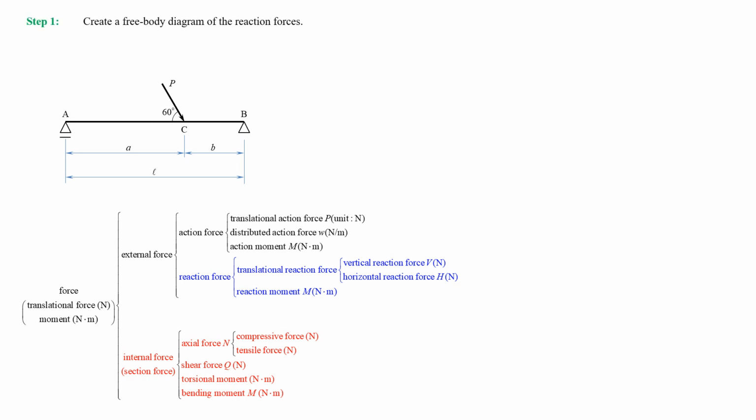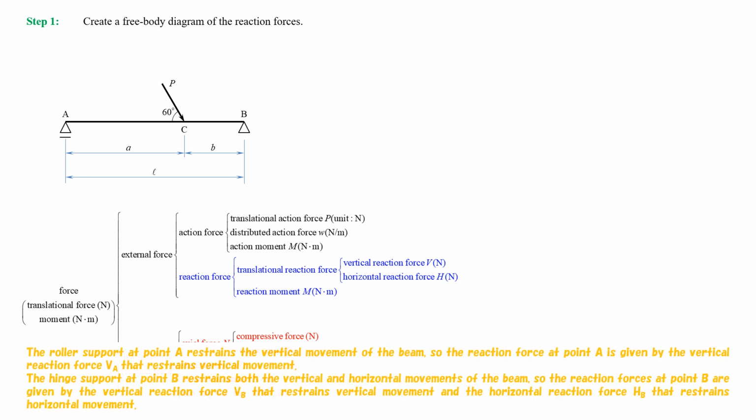Step 1. Create a free body diagram of the reaction forces. The roller support at point A restrains the vertical movement of the beam, so the reaction force at point A is given by the vertical reaction force VA that restrains vertical movement.